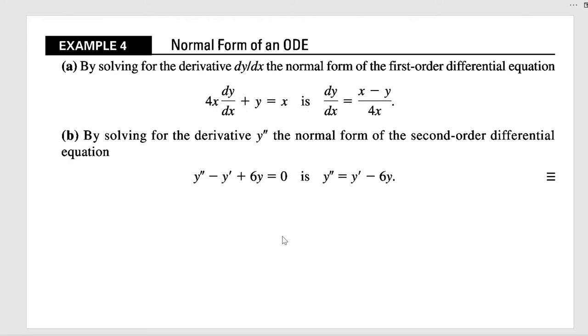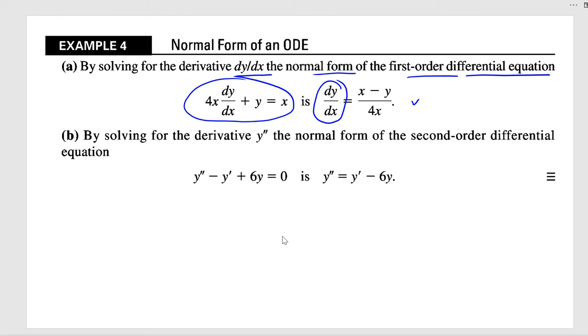Now the normal form. By solving for the derivative dy/dx, the normal form of the first order differential equation is given in this form. For example, this is our given equation. From here we need to separate the dy/dx coefficient. If we can write it in this form, then it becomes the normal form.